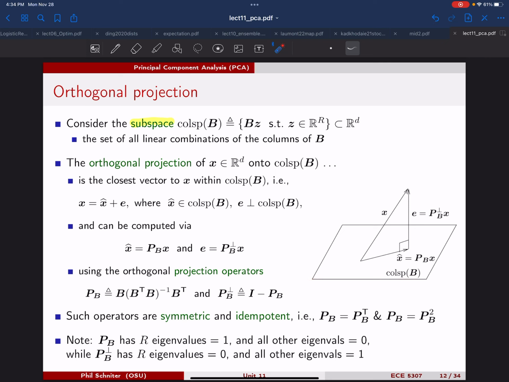So when we talk about the orthogonal projection of x onto that column space, it's a pretty intuitive idea. Here you can see x is a vector in 3D. It's not necessarily in the plane. And orthogonal projection is just saying what is the closest point to x that lies in the plane. So one way to think about that, if you imagine that there's a flashlight shining down from above, the projection would just be the shadow down here.